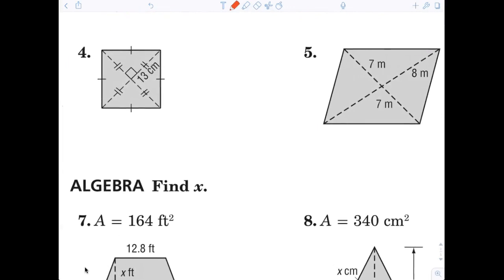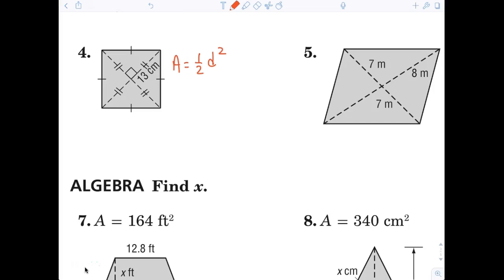Number 4. Now, what is that shape called? A square. So here's something I would like for you to remember. For the square, you don't really need the side if you're given the diagonal. And what's true about the diagonals? They're equal, right? So again, the area of a square is 1/2 of what? Diagonal squared, right?